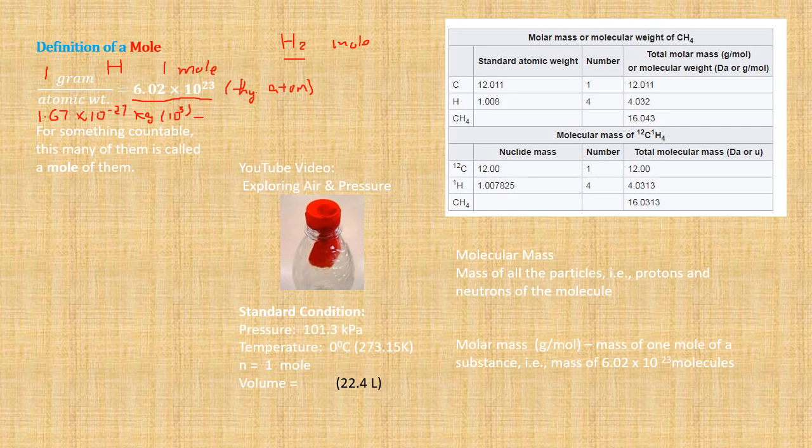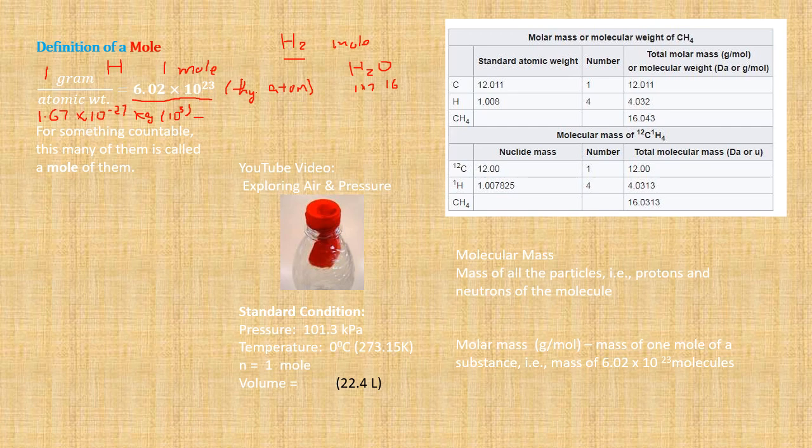Now, same idea. If you have H2O, each hydrogen has 1, but oxygen has an atomic weight of 16. The hydrogens are 1 times 2, so the 16 is bigger.